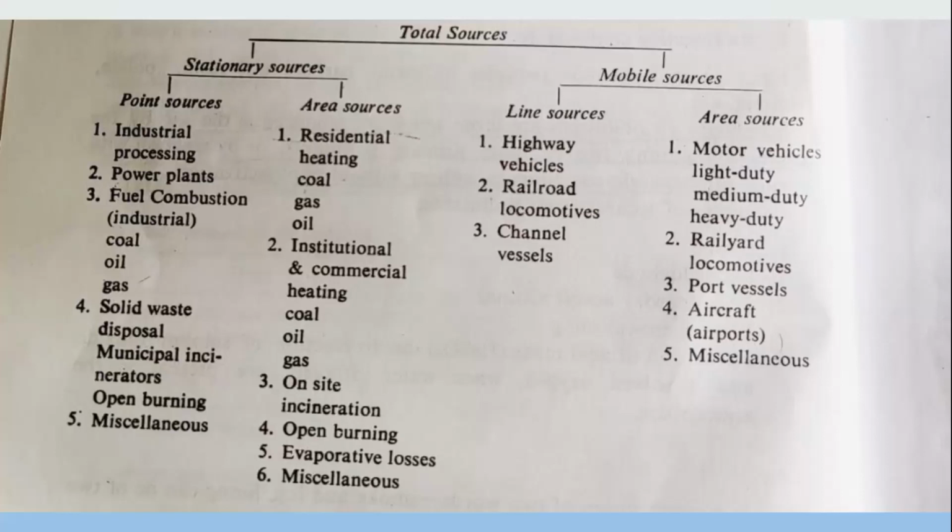Also there are area sources: motor vehicles, light duty, medium duty, or heavy duty, then rail yard locomotives, port vessels, aircraft, airports, etc. These are the total sources of air pollutants, released from those particular sources.